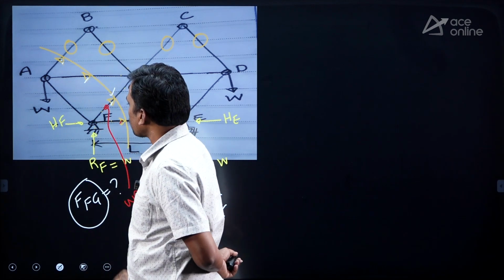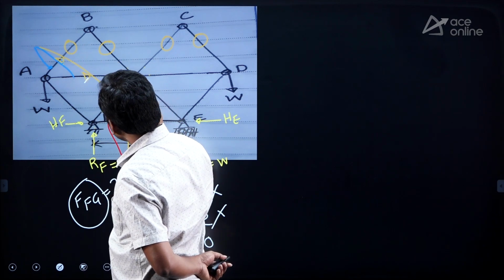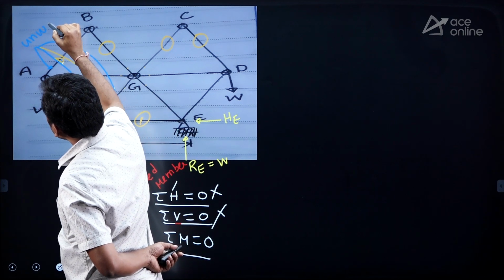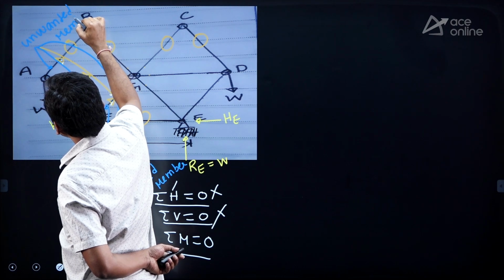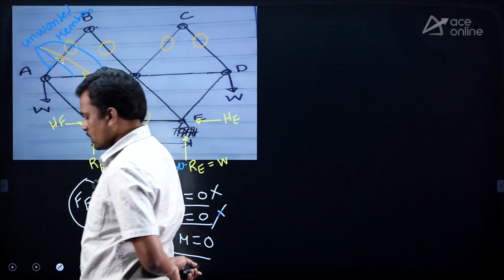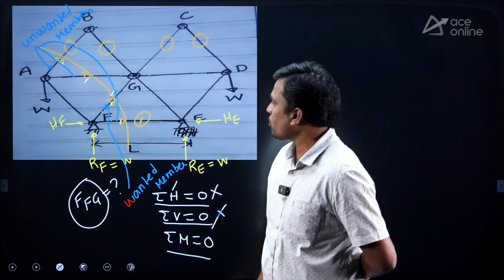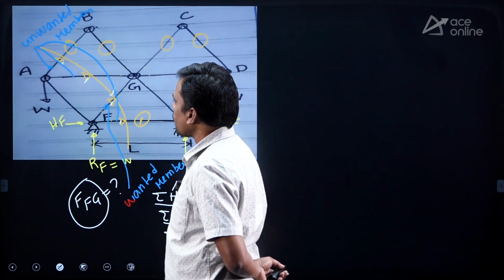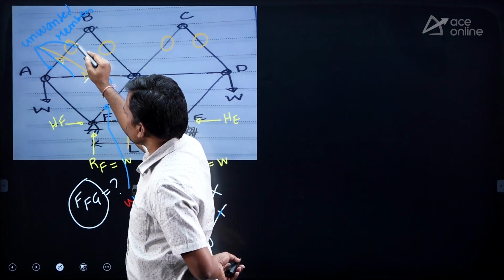What are the remaining cut members? 1, 2 and 3. These are unwanted members. I told you for the moment equilibrium equation, all the unwanted members should meet at the same joint. Now tell me, at which joint are all the unwanted members meeting? No need to consider this one, because the force in this member is 0.